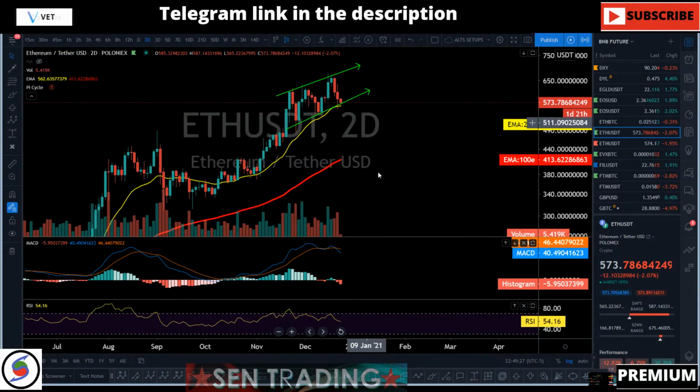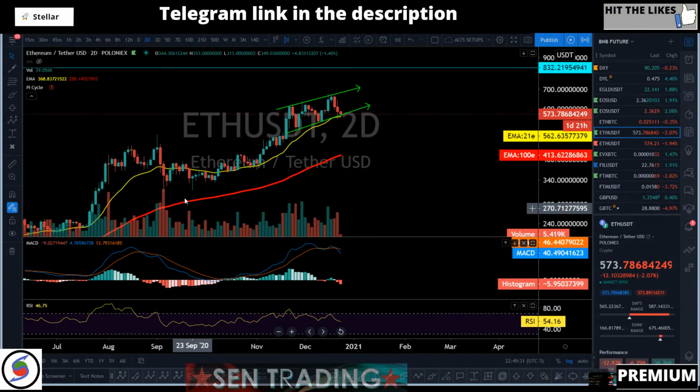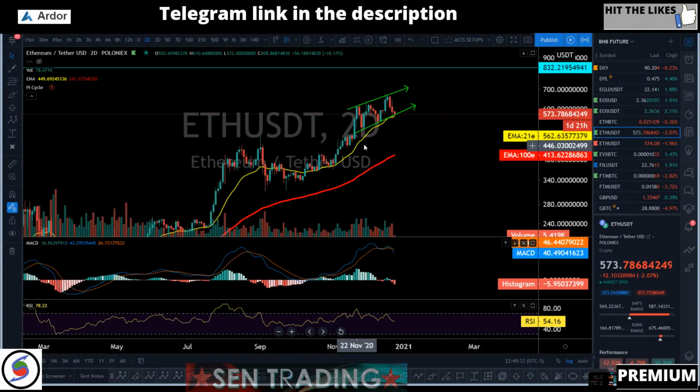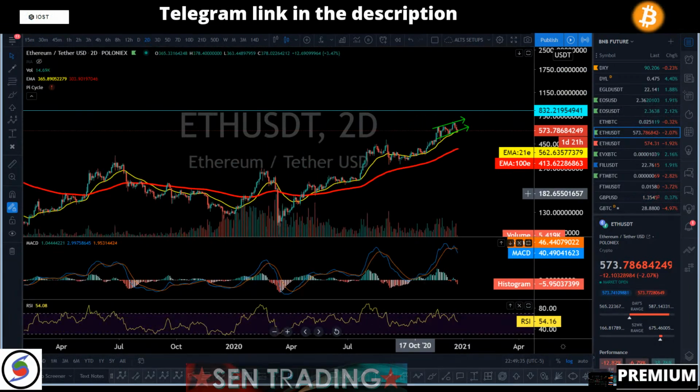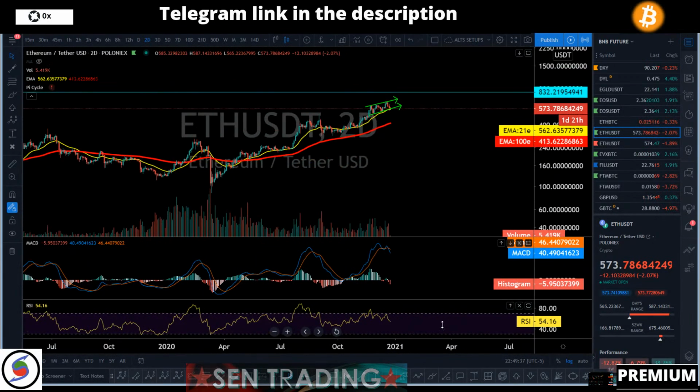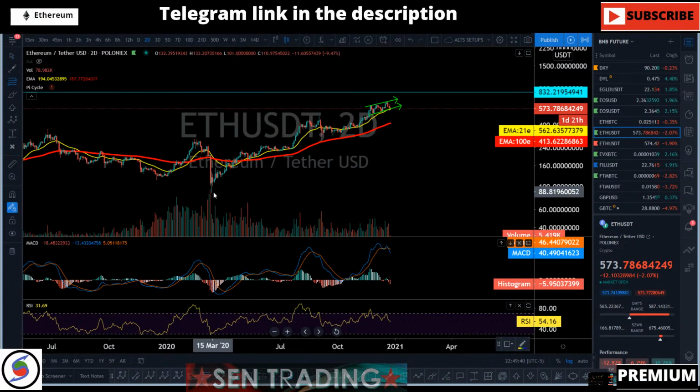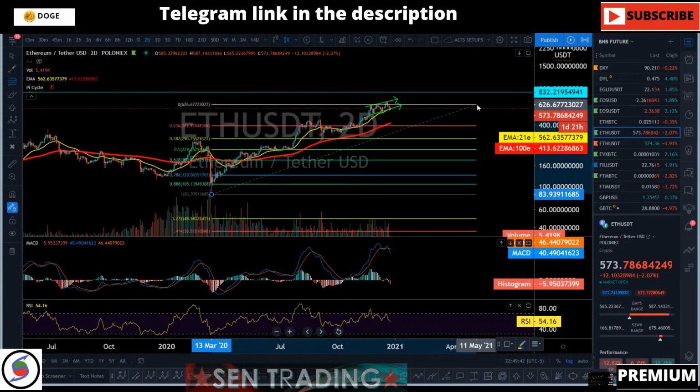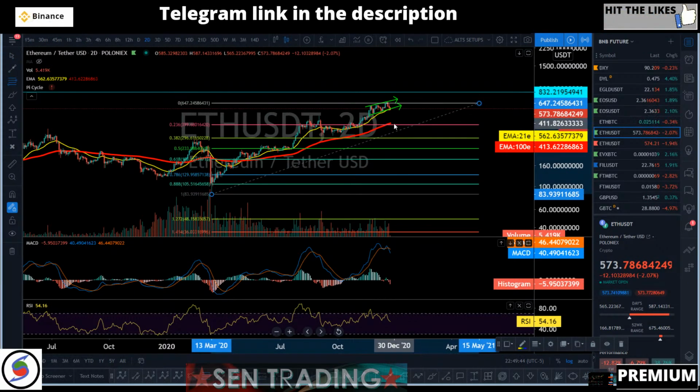For the next support area to look to the downside, you can either pay attention to the last wave, or to your entire wave. If you're assuming Ether is tapping out macro wise, you could look for 236, which is exactly at your 2-day 100 EMA, around the 411 to 420 area.